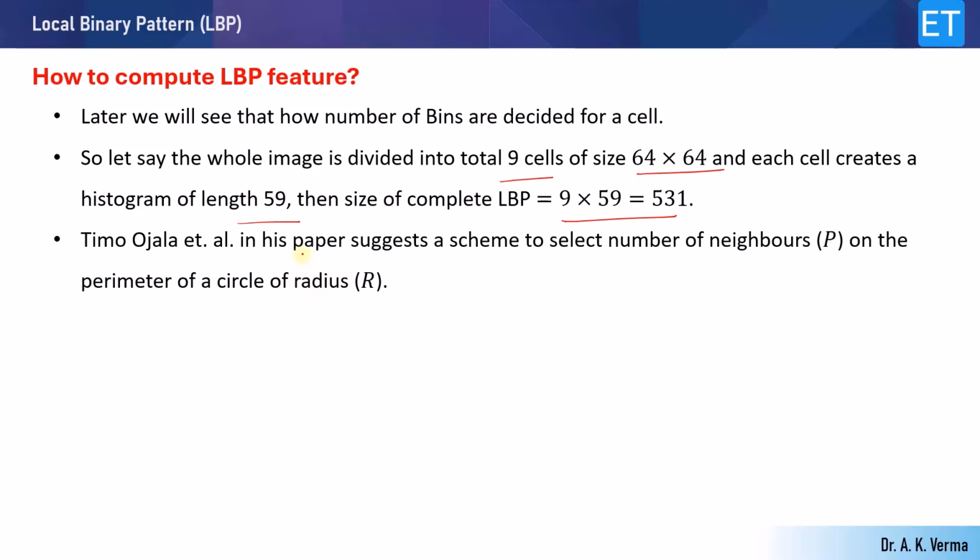Timo Ojala, in his paper, suggests a scheme to select the number of neighbors P on the perimeter of a circle of radius R. Here I have taken a simple standard 3 by 3 neighborhood, but Ojala suggests something else for how to select pixels to constitute a neighborhood.